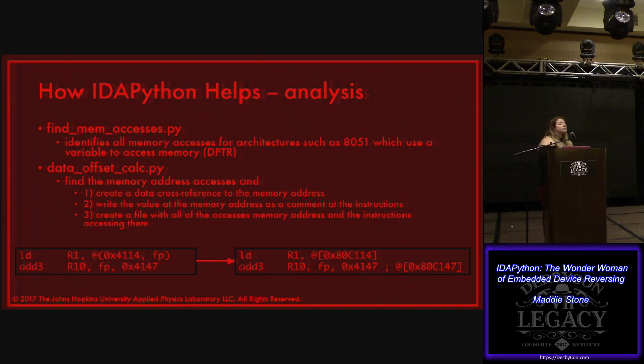Then it will do the calculation of what the actual memory address is, adding the value of the frame pointer to the offset. Then it's going to replace the operand in that instruction so you can just see very clearly what memory address you're actually working with, which, by using that exact syntax, makes it clickable and everything like that. And then it will create the data references back and forth.